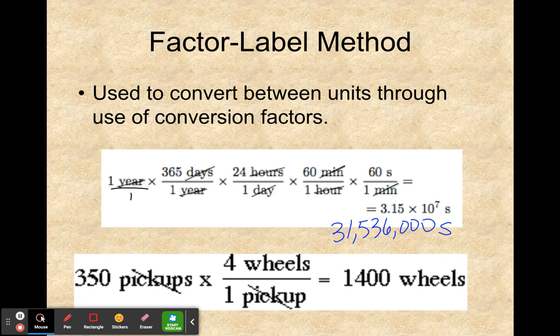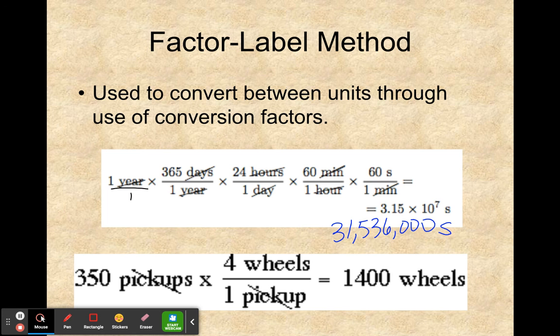So for instance, if you want to figure out how many seconds are in a year, you have to create conversion factors in order to multiply those answers and figure that out. So if there are 365 days in a year, and then you find out how many hours are in a day, you can cross out those conversion factors, how many minutes are in an hour, and how many seconds are in a minute.